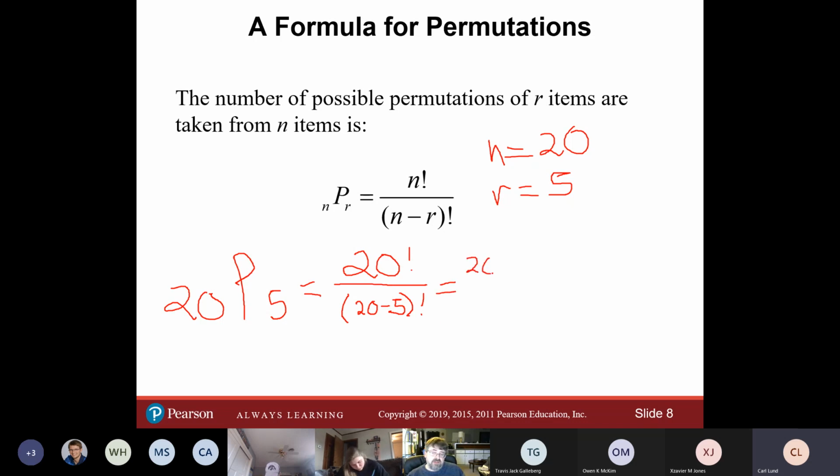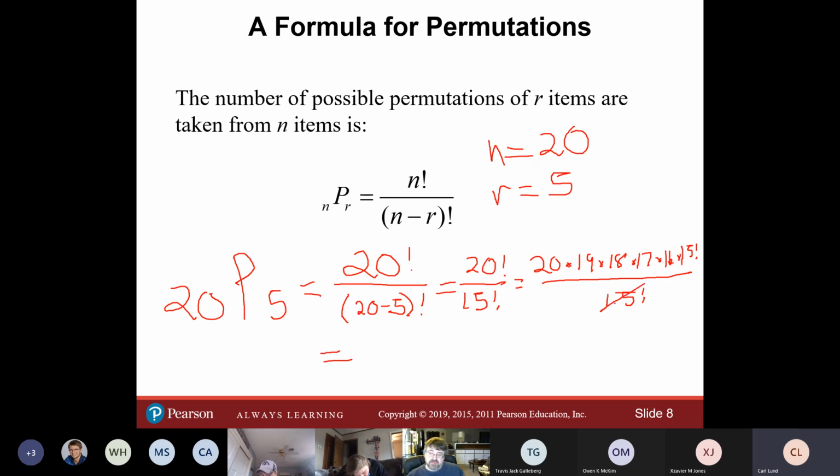So this is 20 factorial divided by 15 factorial, which is 20 times 19 times 18 times 17 times 16 times 15 factorial divided by 15 factorial.